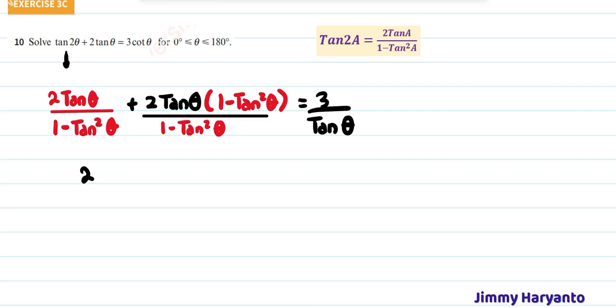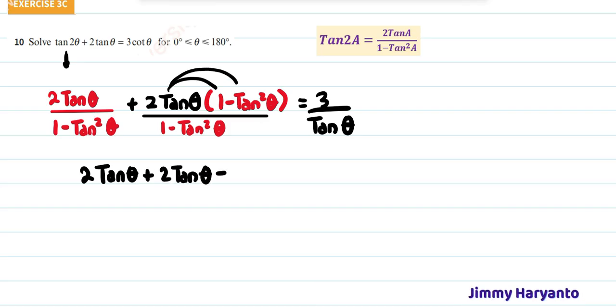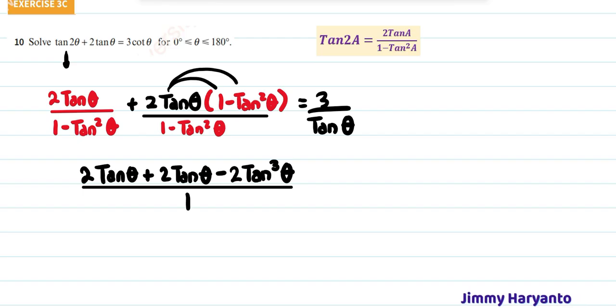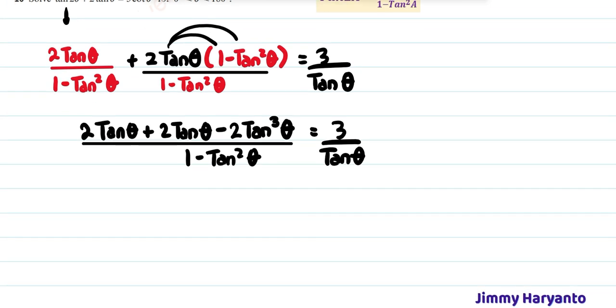So I will have 2 tangent theta plus this one is 2 tangent theta, and then this one is minus 2 tangent to the power of 3 theta over 1 minus tangent square theta equals 3 over tangent theta. Okay, let's simplify this one first.